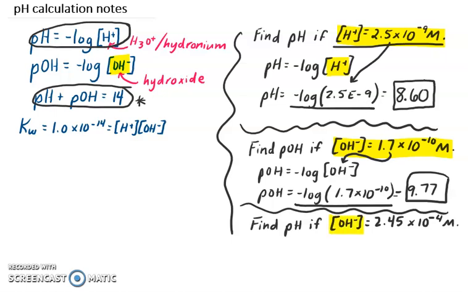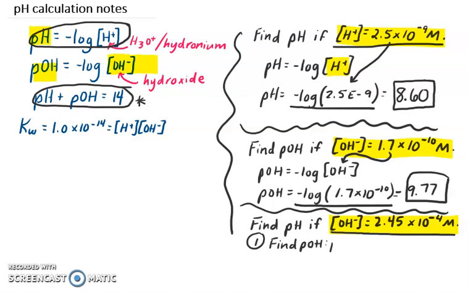They're giving me the concentration of OH, which means that I can use this formula. But the problem is they're not asking for pOH, they're asking for pH. I call this a two-step problem. Since I'm given the concentration of OH, I can first find pOH.